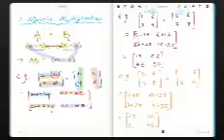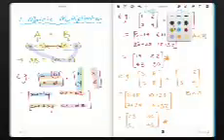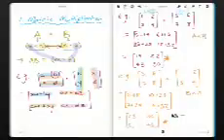So this answer here, which we can say is A times B, is actually not equal to this, which we can call B times A. So a very important thing to note is that AB is not necessarily equal to BA.